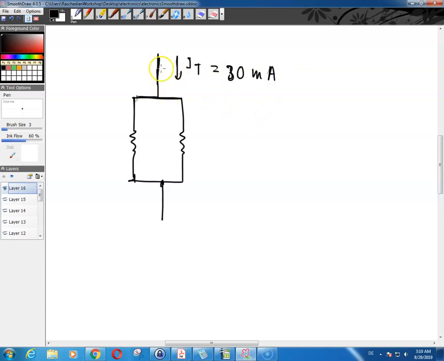R1 was 12 kilo ohms, and R2 was 6 kilo ohms.